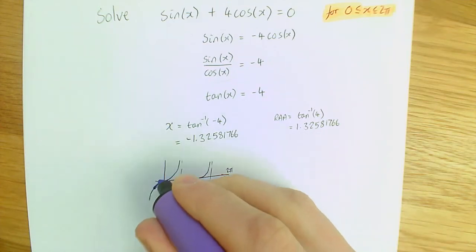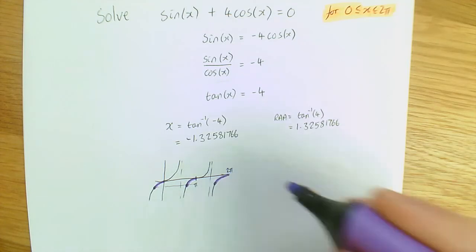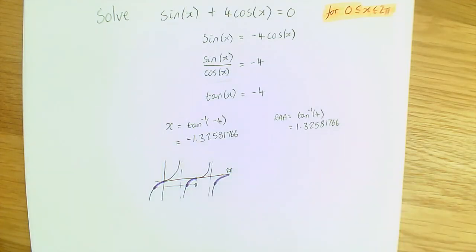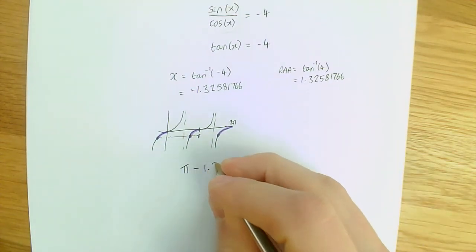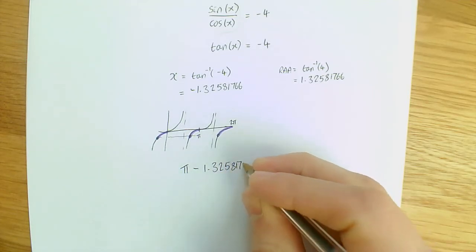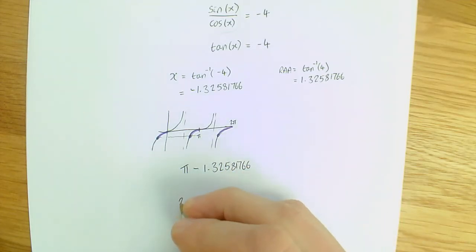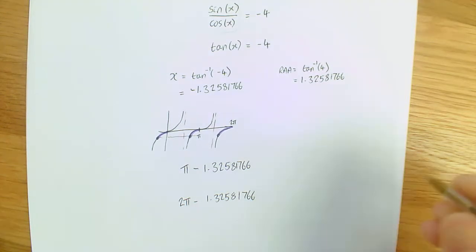Well, this is coming back by 1.32, so it's the same as coming back from pi by 1.32, and the same as coming back from 2 pi. So the angles we're interested in are pi minus 1.32581766, and the other one is 2 pi minus 1.32581766.